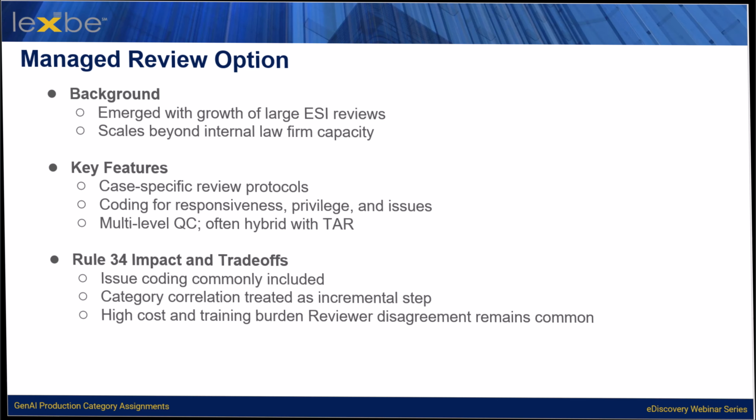With respect to Rule 34 document issue coding, managed review protocols can and often do include this document tagging as part of projects. Arguably, doing the document correlations as required by Rule 34 in state law can be completed as an incremental part of a managed review project, and this perhaps has encouraged courts and parties to follow the requirements of document RFP attributions more closely than they otherwise would have.